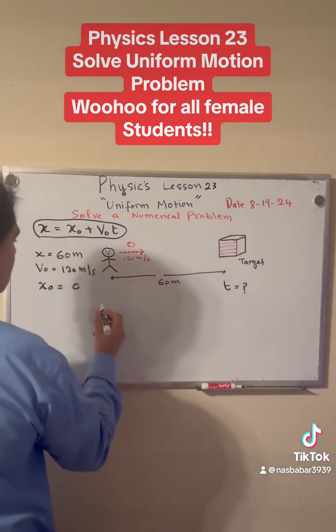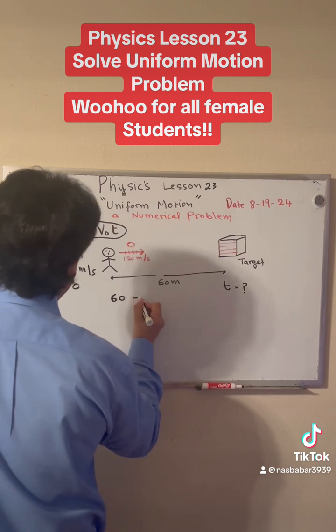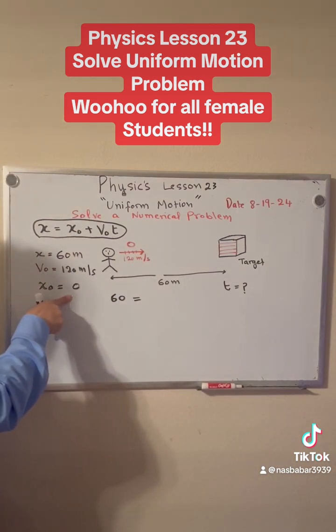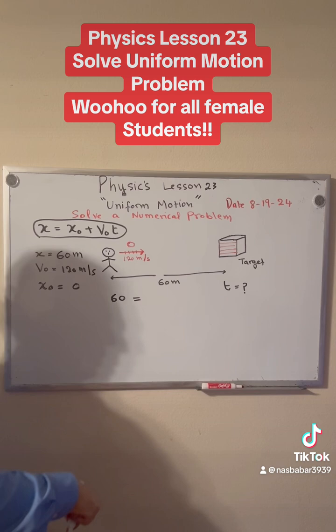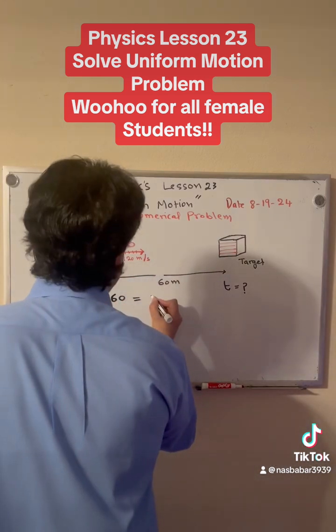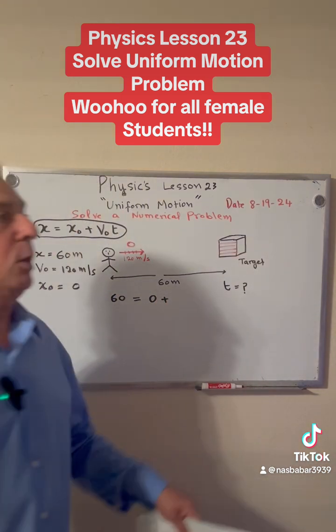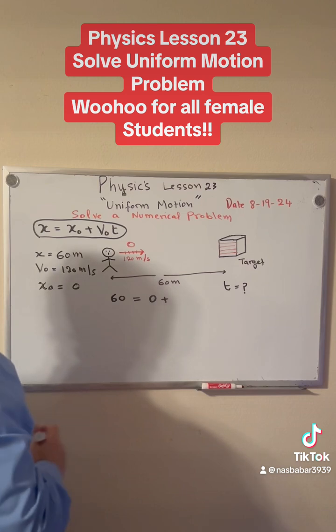So we can say x, which is 60, is equal to x0, the initial distance when we started, which is 0, plus, what is the initial velocity when I push the ball? Boom, 120 meters per second.